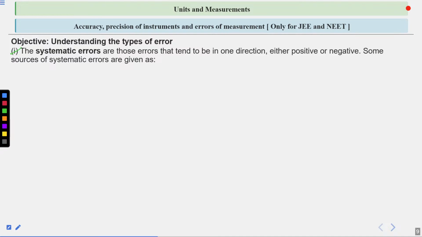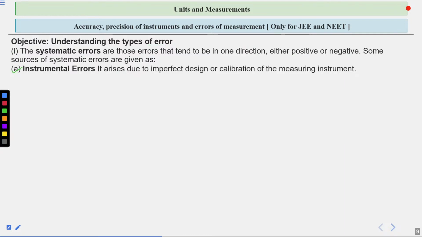Our main aim is to learn and understand the types of error. First is systematic errors. Systematic errors are those errors that tend to be in one direction, either positive or negative.